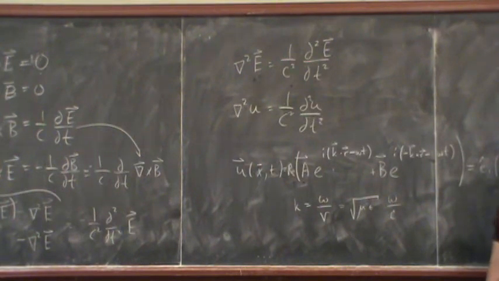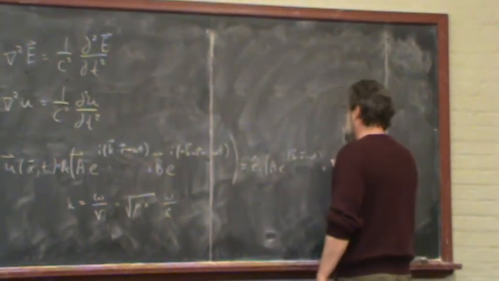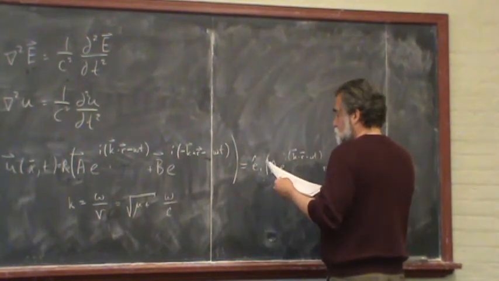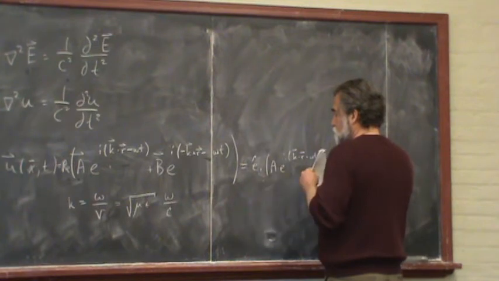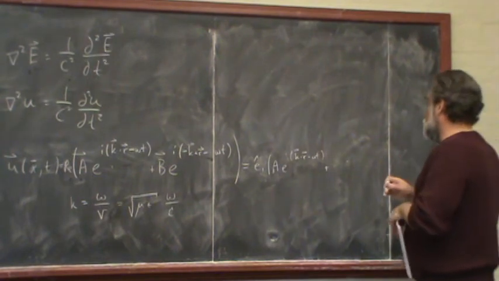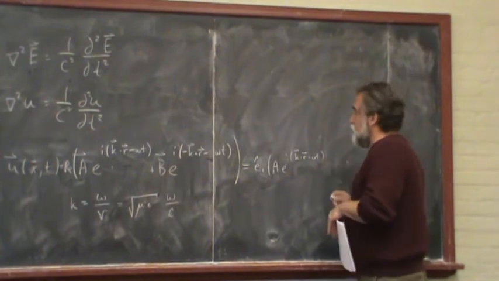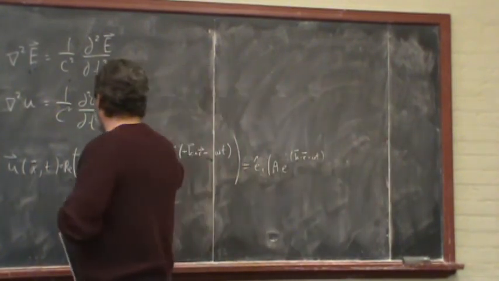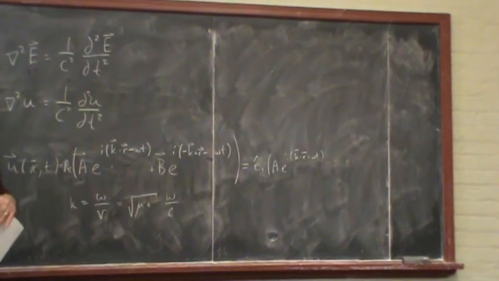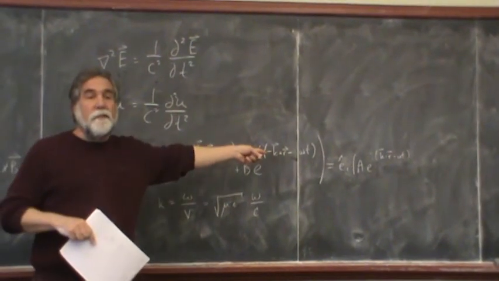A e to the i (k dot r minus omega t) plus, if I allow myself a phase. Sorry, this corresponds to all the possible solutions going in two directions, right? Plus propagation in r, minus propagation in r.